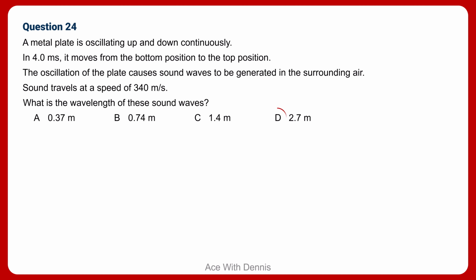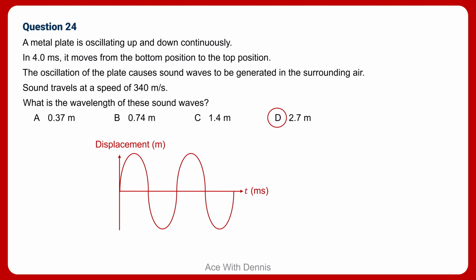The answer is D. 2.7 meters. To understand the question, let's draw the displacement-time graph. Given that in 4.0 milliseconds the metal plate moves from the bottom position to the top position, we can label it in the waveform. Here is the bottom to the top position, and the time is 4.0 milliseconds.